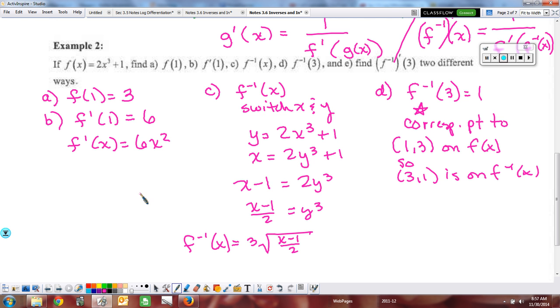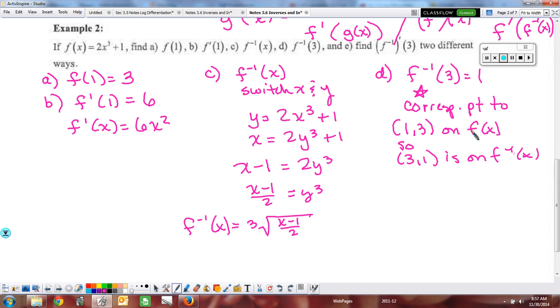All right, and so all of this is just some pre-work for us. Now here's where the problem comes in. I want to find the derivative of the inverse at 3 two different ways. Okay, so method number 1, in this part E, I'm going to find the derivative of f inverse at 3 by using the rule that is above.